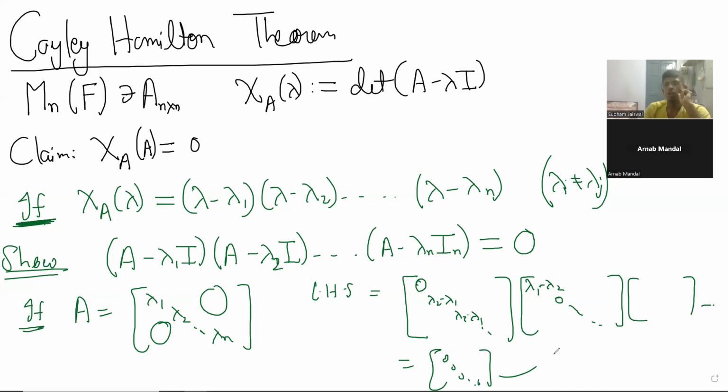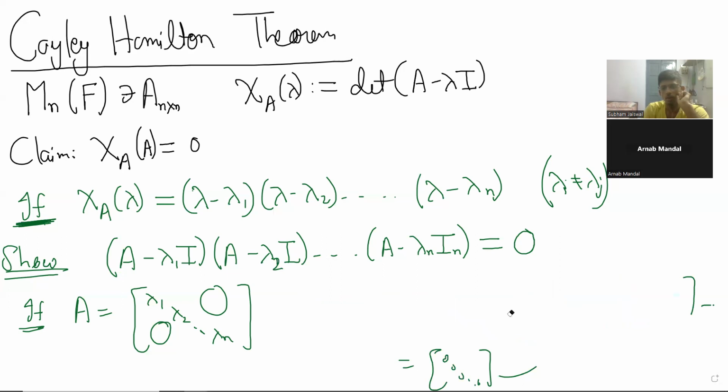Now we need to show, here is a claim, and I don't think I can prove that. I don't think we can prove that. It needs another concept called basis.